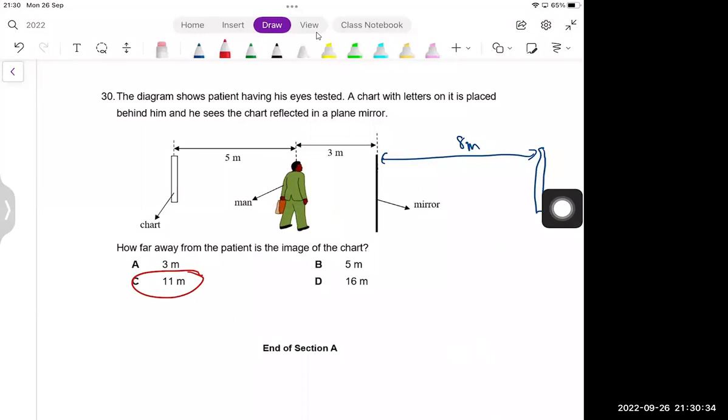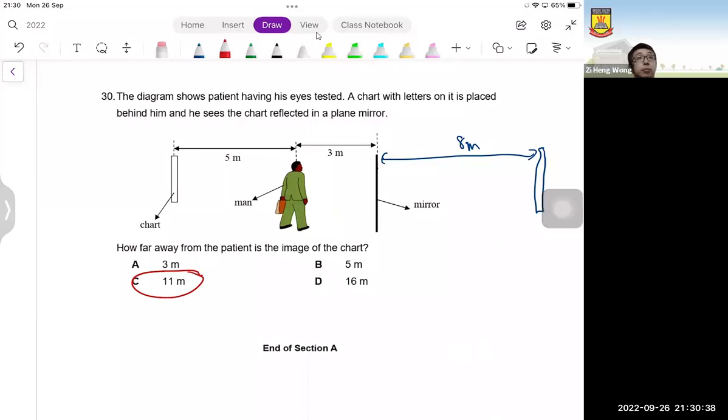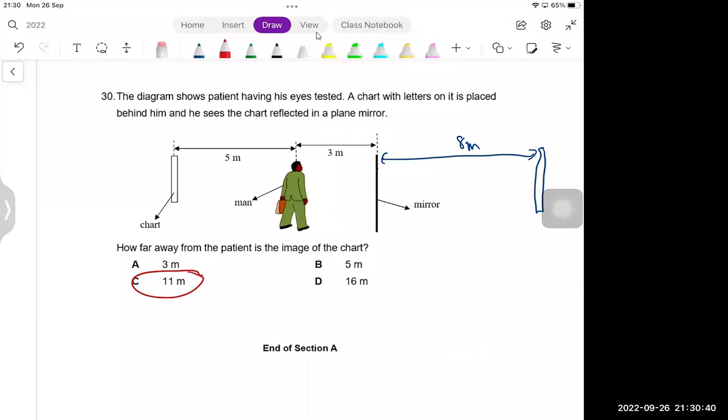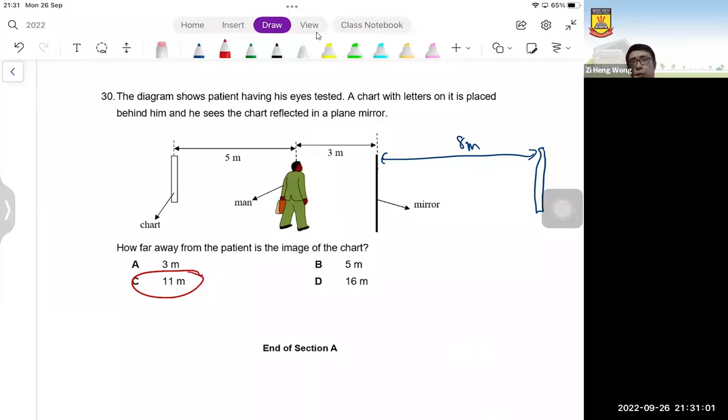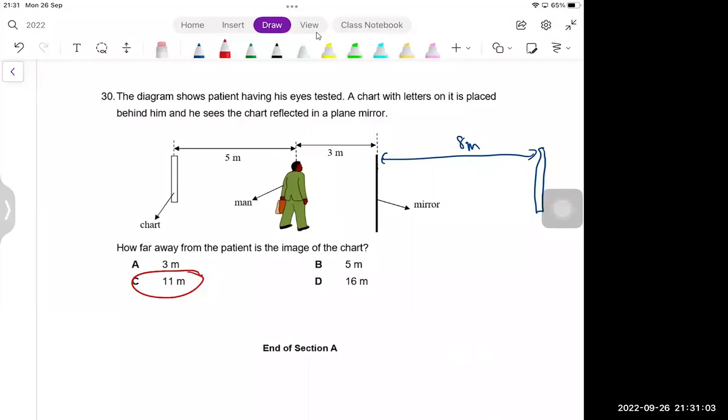Mr. Wong, this concept only applies for mirrors, right? Yeah. If there's a mirror, then usually the image will be virtual and directly opposite. The distance from the image to the mirror is the same as the mirror's distance to the chart. I think I'm saying it wrongly.